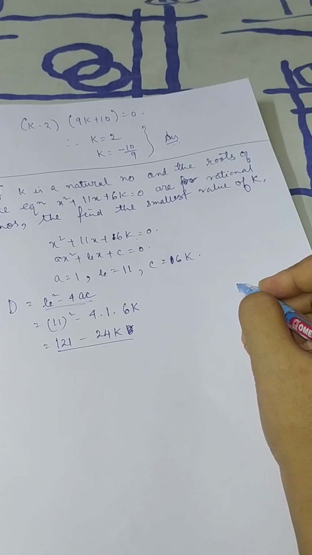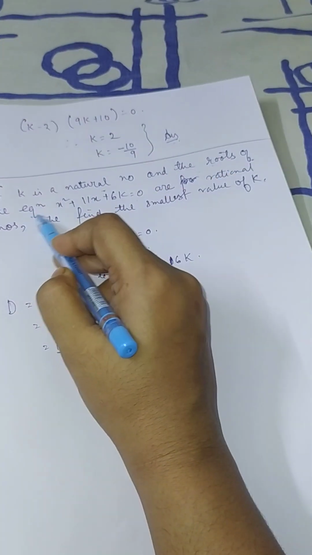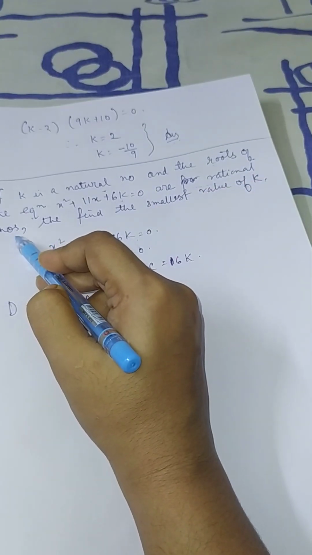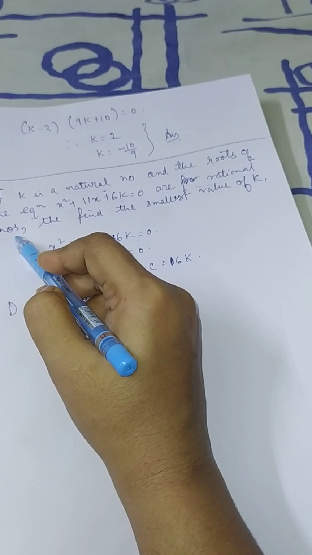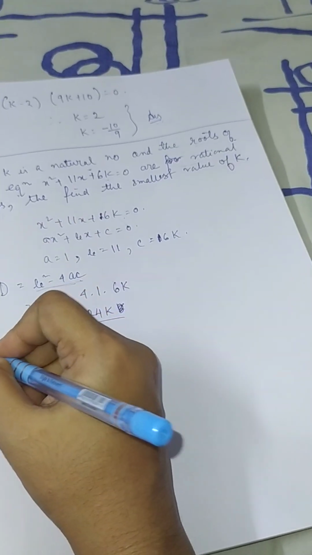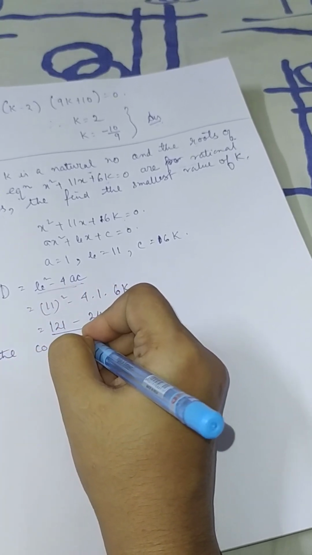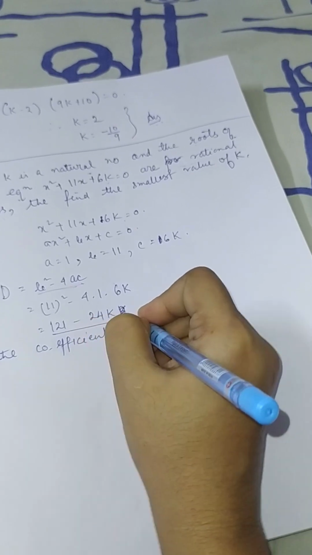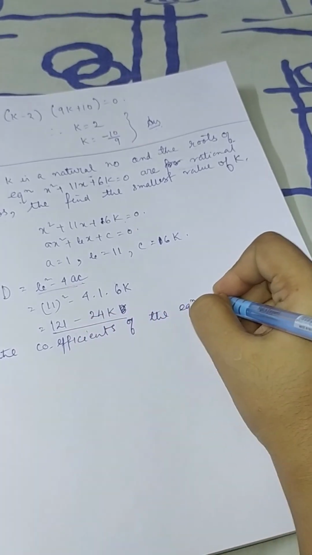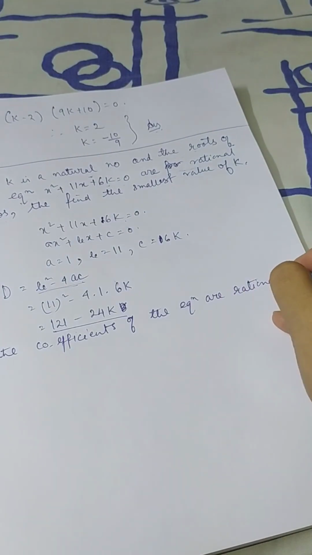Now what has been given? That if k is a natural number and the roots of the equation are also natural numbers, that means the coefficients of the given equation are rational numbers.